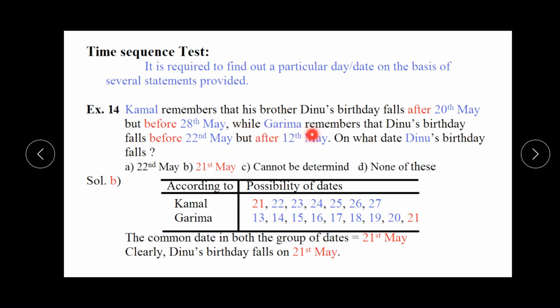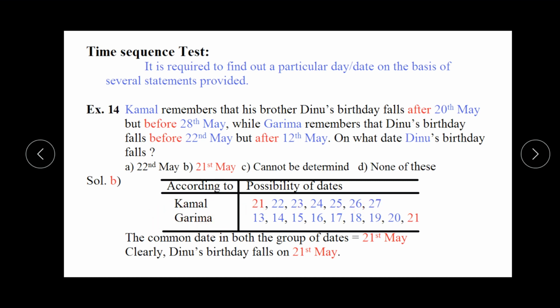While Garima remembers that Dinu's birthday falls before 22nd May. Before 22, it means before 22nd, the previous number, that is 21st. Up to 21st the birthday can be, but after 12th May. After 12. It means according to Kamal the possible dates are 21, 22, 23, 24, 25, 26, 27, from 21 to 27.